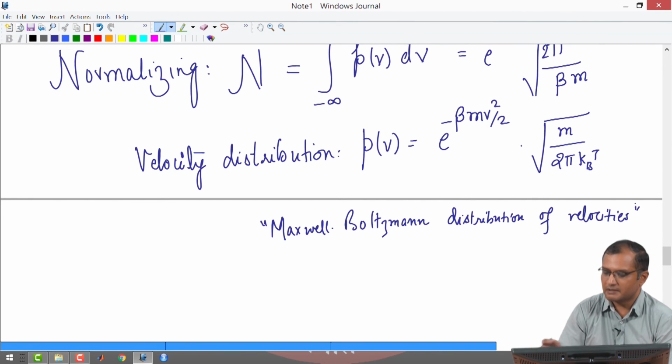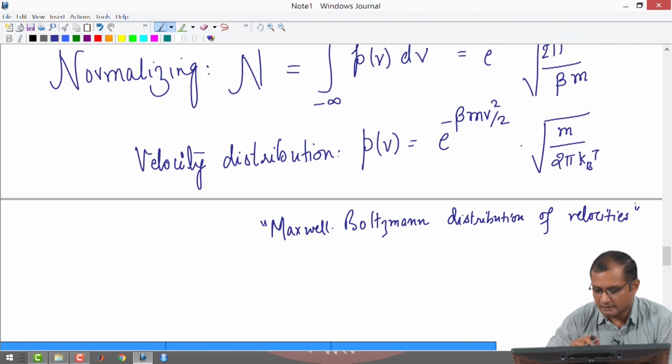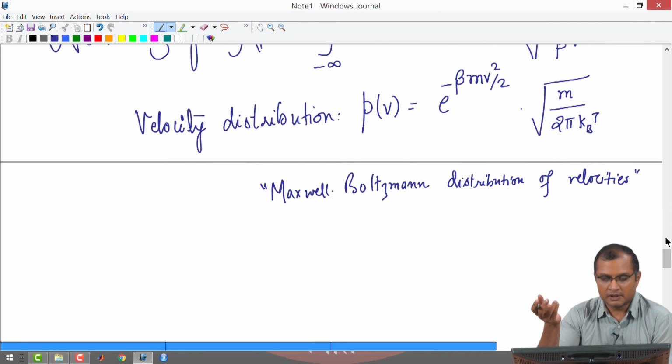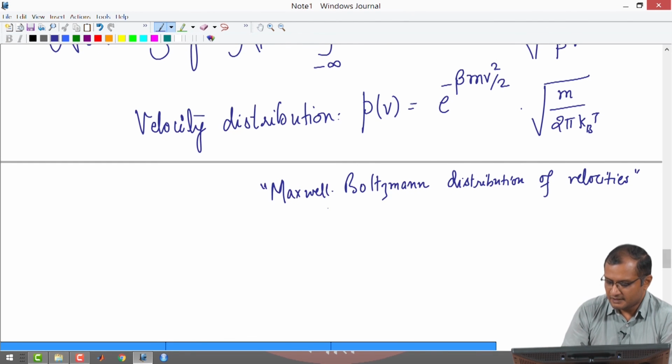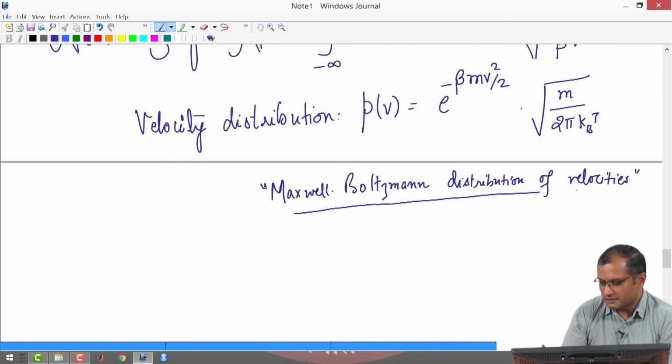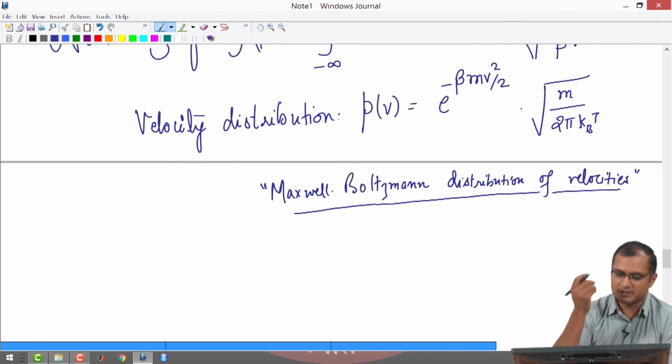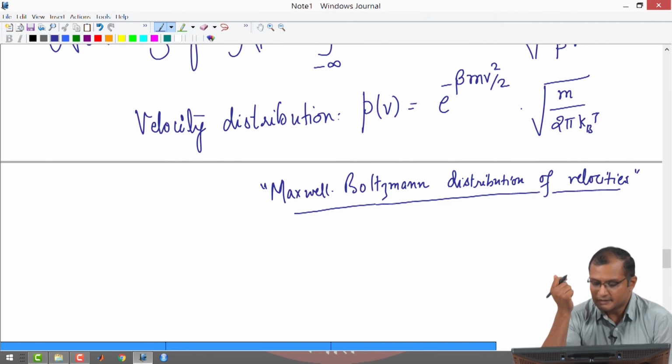We can also obtain the Maxwell-Boltzmann distribution of speeds by simply writing the distribution in terms of molecular speed, not velocities. The reason why we get a normal distribution or a Maxwell-Boltzmann distribution is that this is the distribution of maximum entropy.